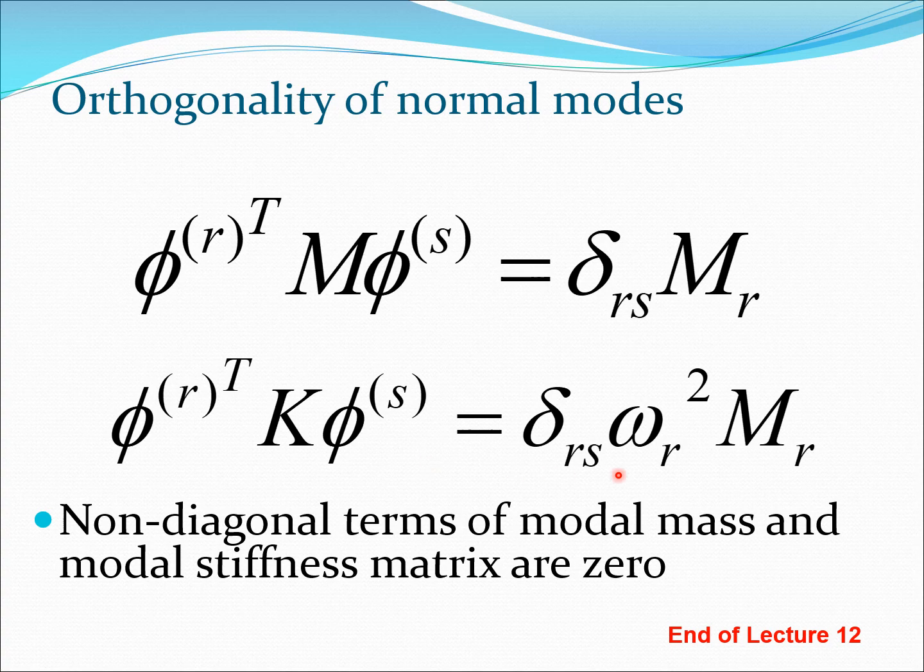It essentially diagonalizes those matrices. So it will convert the multi-degree of freedom system into a number of single degree of freedom systems. And that is a very important fact, that the normal mode transformation tends to diagonalize the matrices, and diagonal matrices are simpler to work with.